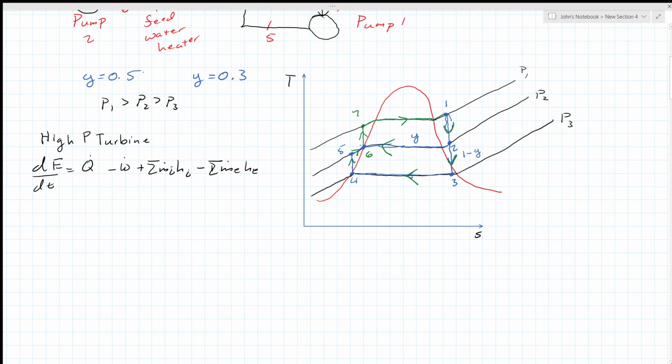Now we're going to assume steady state, as always. I'm going to do the derivation once and just explain the parameters for each part. So the left side is 0 for steady state. I'm going to assume my turbine is isentropic, so Q is 0. I do have moving parts, so I have work. Solving for work, W is equal to the sum of m dot in H in, minus the sum of m dot at the exit H exit.